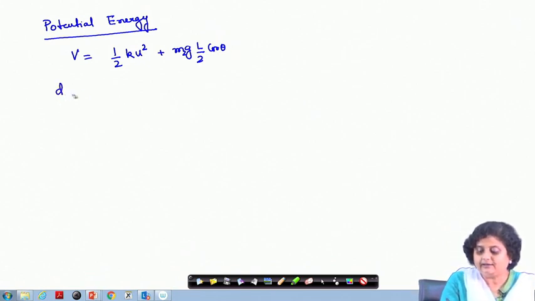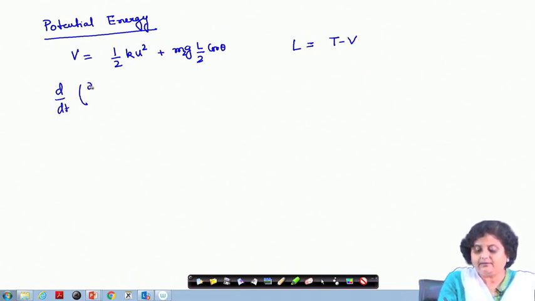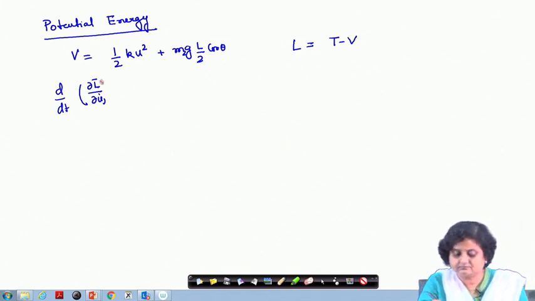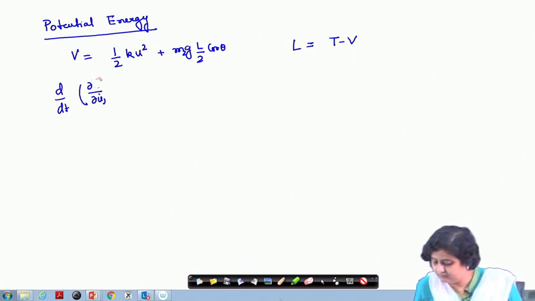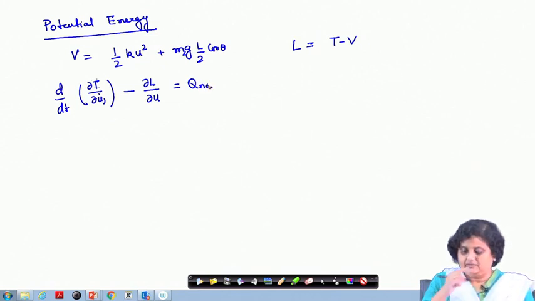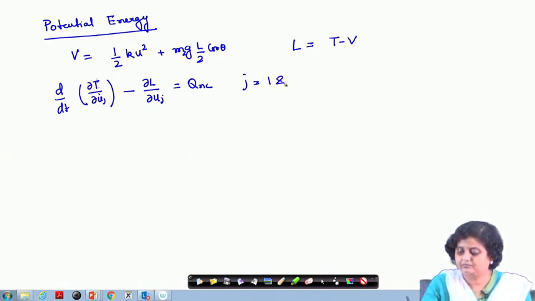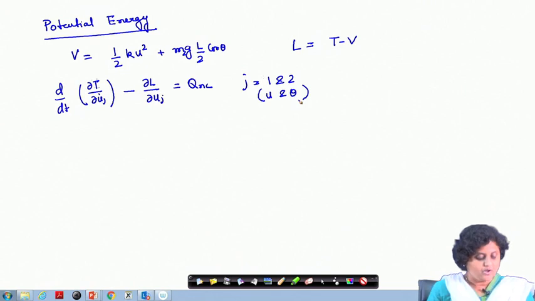Now, therefore, I can say my Lagrangian is T minus V, and I can always implement the Euler-Lagrange equation. Let me see what is going to happen.